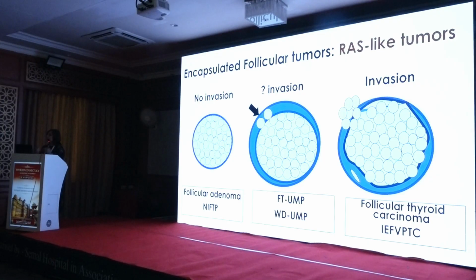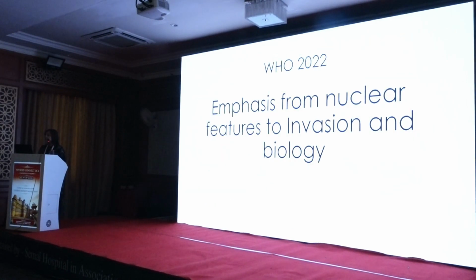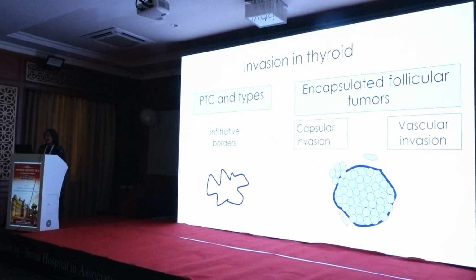And basically what the pathologist has to tell you, after complete tumor evaluation and capsule evaluation, is whether it is a follicular tumor, and is there invasion or no invasion. If there is invasion, then it is a malignancy. If it is questionable invasion, then it is of uncertain malignant potential. That is the patient you have to follow up, but do not have to give radioiodine. So the emphasis is now on invasion and biology.